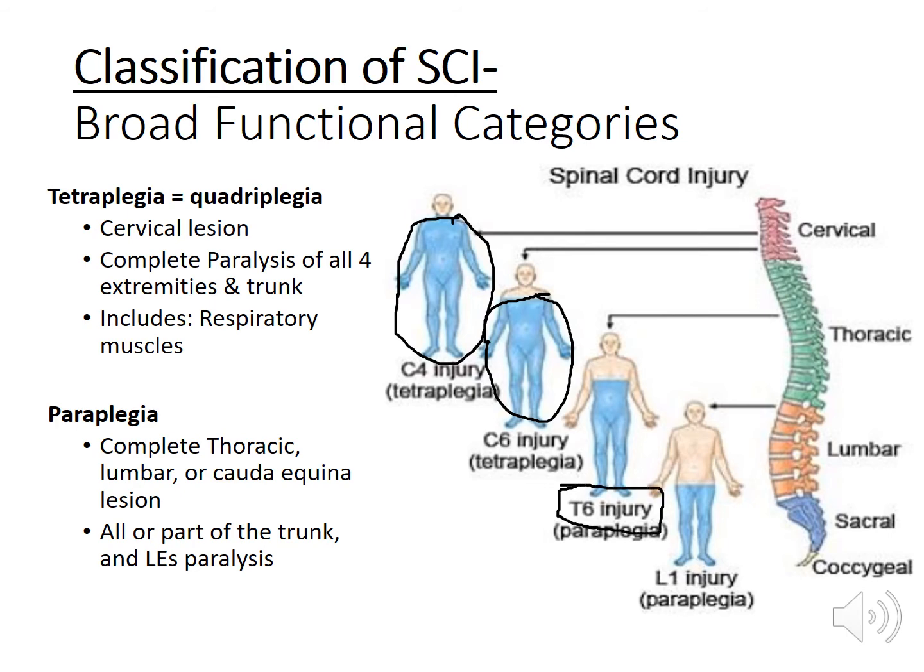So it's important to know that T6 level; anything below that T6 level is going to lead to paraplegia. As you see here in the blue, the trunk and the lower extremities are paralyzed, and with an L1 injury, the lower extremities are paralyzed. It's a nice diagram that gives you an illustration of what is available in that patient and what is lost with that lesion.